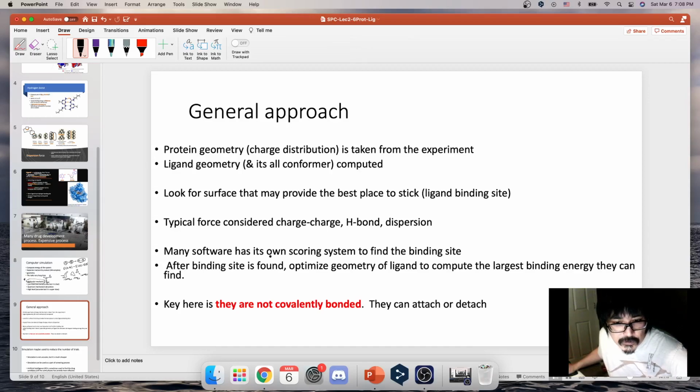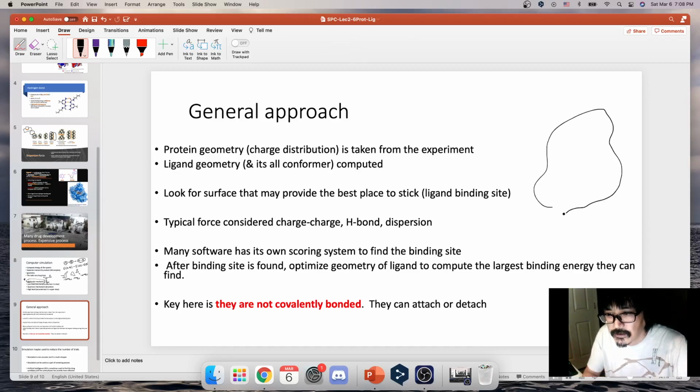Many software packages have their own scoring system to find the binding site, because if you have a huge protein, you can put the ligand here, or here, or there, or even at the same spot. You can put the ligand in different orientations, right? The same location, but different orientations, like this or that.